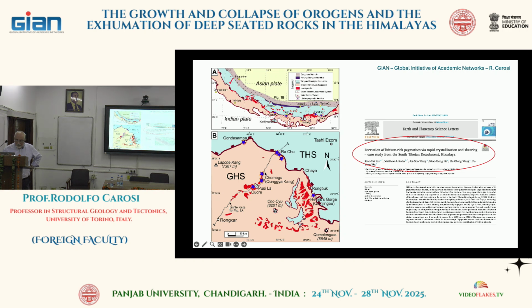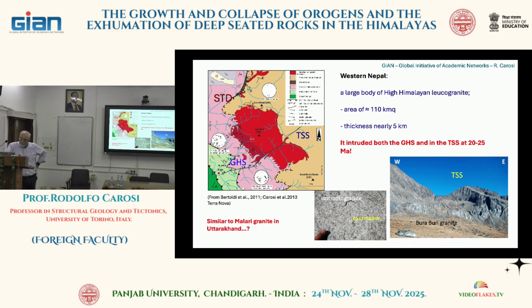There is a road here coming from Tibet to Nepal, so it is quite easy to reach this kind of granite. This no, this is too high. But there is a lot of granite with possible interest for rare earth elements and lithium that is now very important for energy transition.